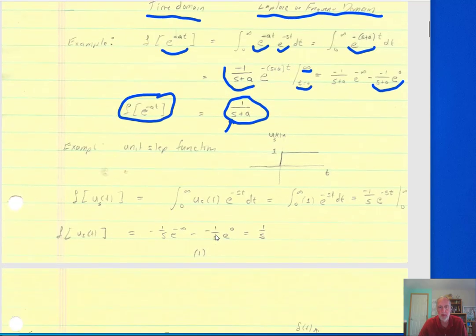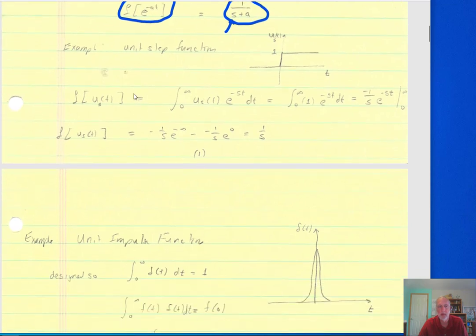Another example, different kind of time function. This is called the unit step. Because at time t equals 0, it steps up from 0 to 1. There's the unit. So if we plug that into the formula, here's the unit step. It's just 1 over the entire integral, time interval.